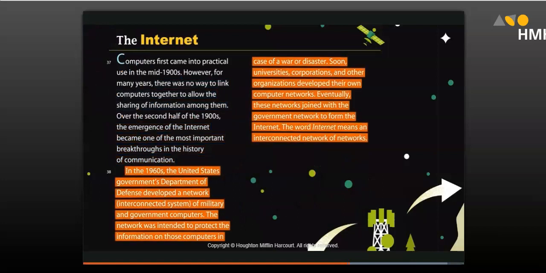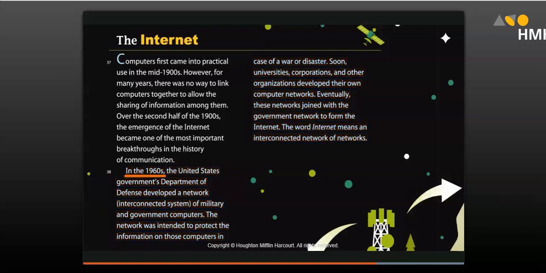Now, let's look at the second paragraph. What kind of text structure are we looking at here? What clues do you see? It looks like maybe details about the start of the Internet. Do you notice anything about the order of these details? Well, first it says what happened in the 1960s. And then what happened soon after that. And then what happened eventually.